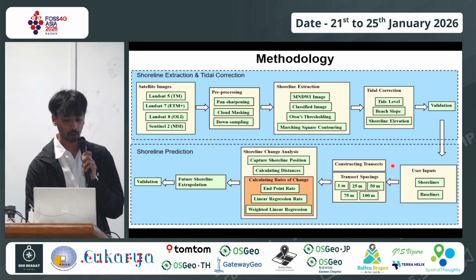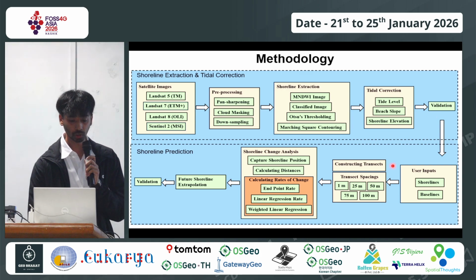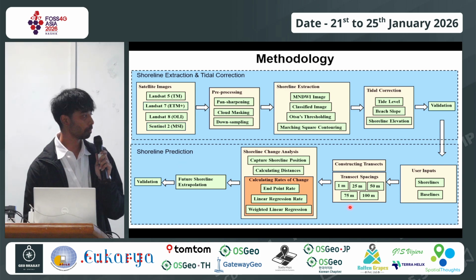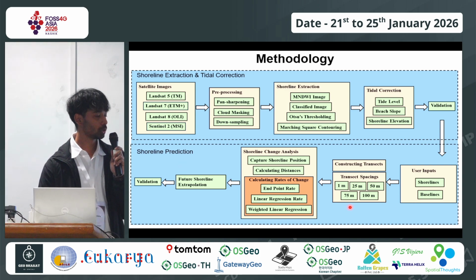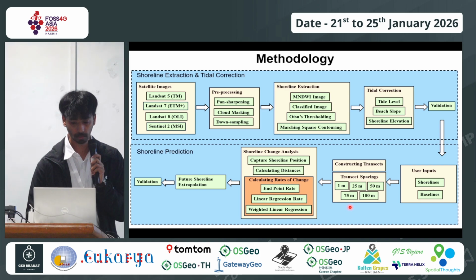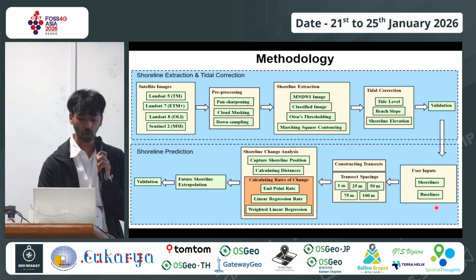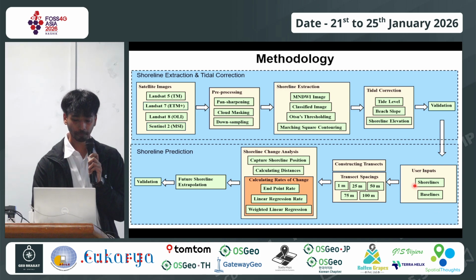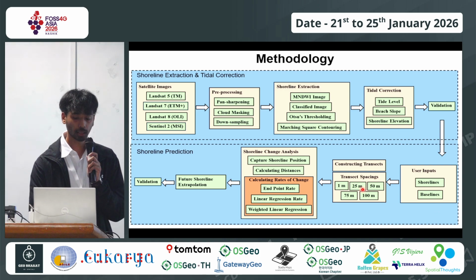The second part of the methodology is for predicting the shoreline. This was done by using a tool called AMBUR, which analyzes moving boundaries using R. For this, there are two inputs: the shoreline and the baseline. Using the shoreline and baseline, the transects are created.